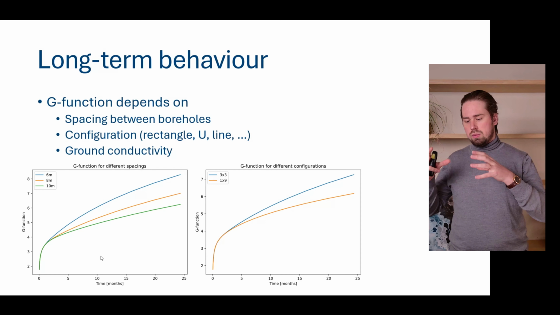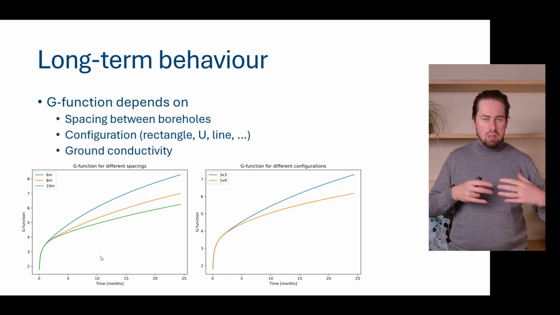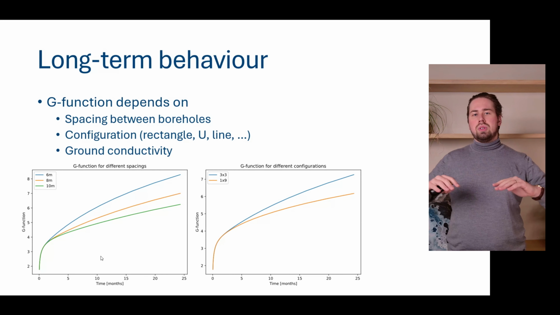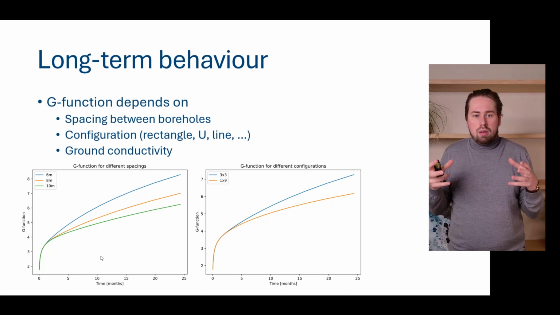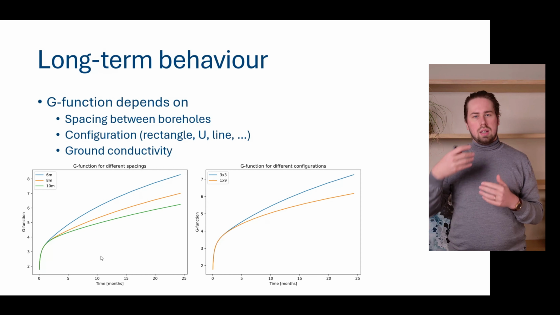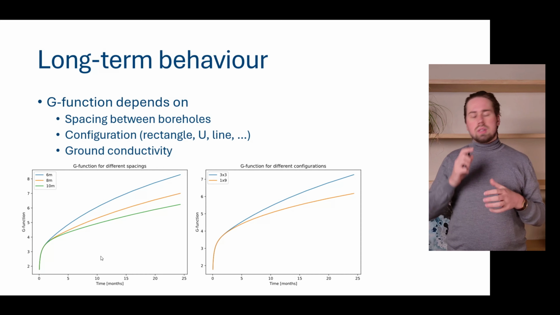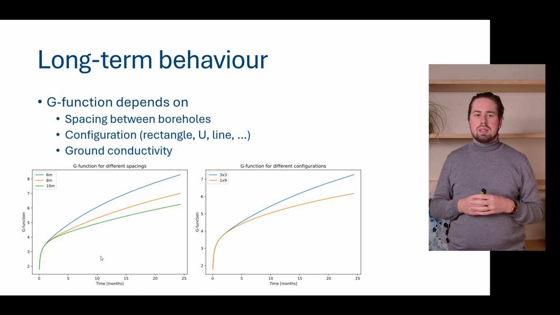So you pick your desired borehole depth, borehole length, in such a way that you keep a very good average ground thermal conductivity in order to again have a better G function. So these are all concepts that are important when talking about G functions.